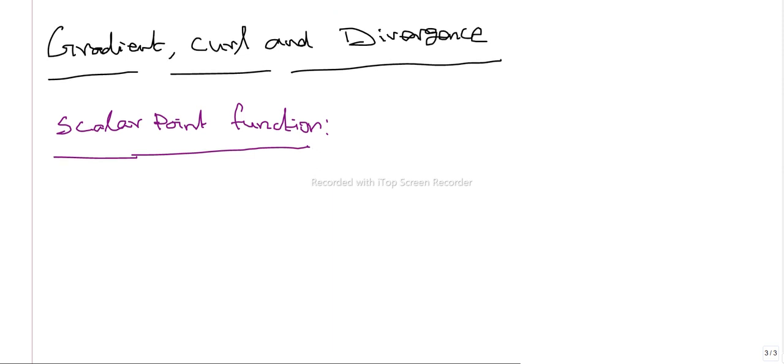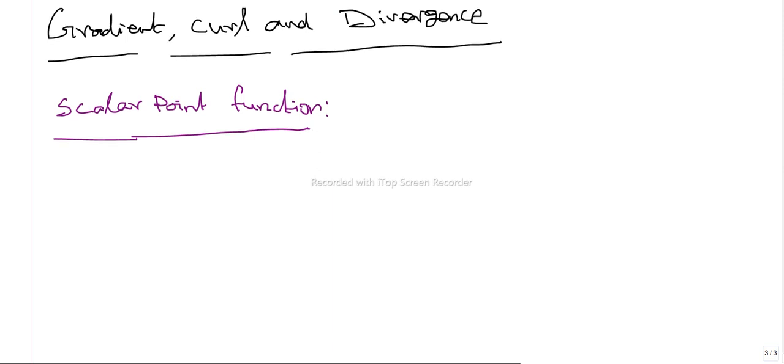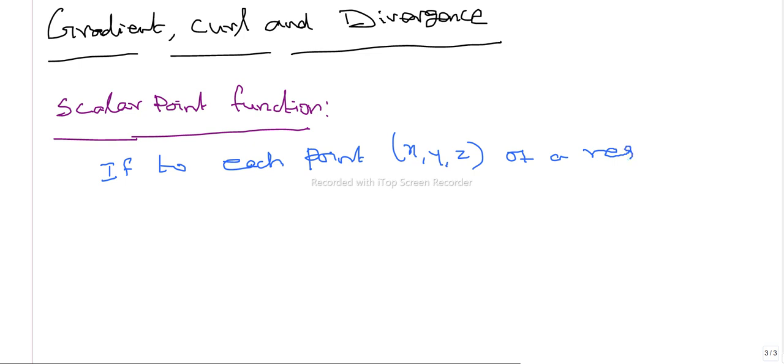So a scalar point function is nothing but, in a region, if we take any point, we have to correspond it to a number. So if you take any point in the region, in the plane or R3, so if to each point x, y, z in a region in space, there corresponds a number.